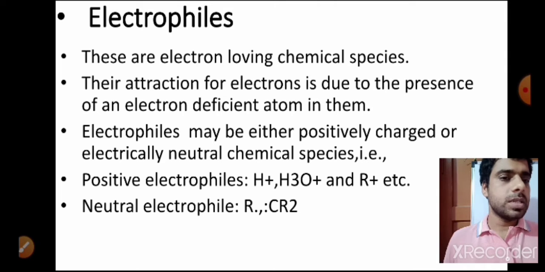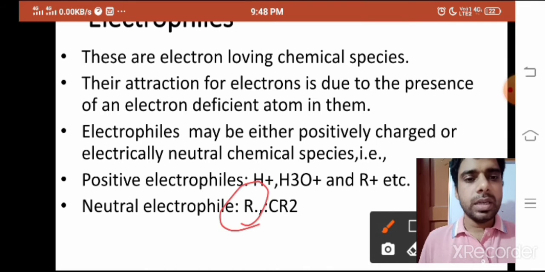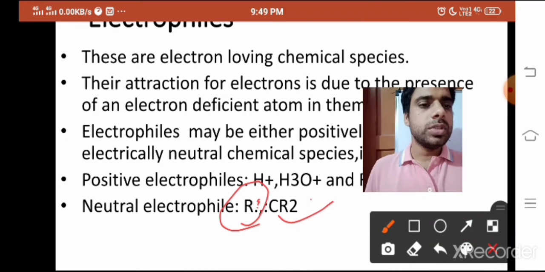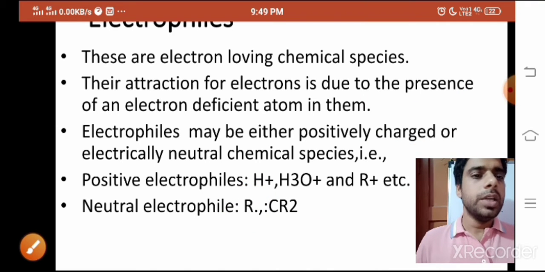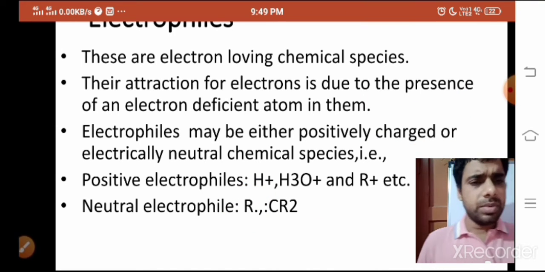Some examples are given here: H plus, H3O plus and R plus are positive electrophiles. The neutral electrophiles I have shown are the free radical, with one dot, and CR2, which is known as a carbene. A free radical has a single electron available.